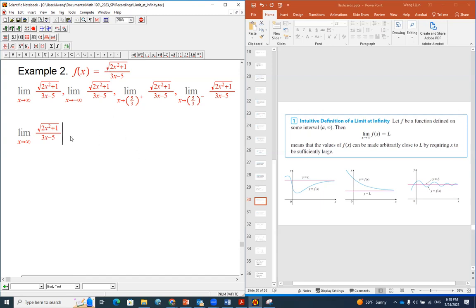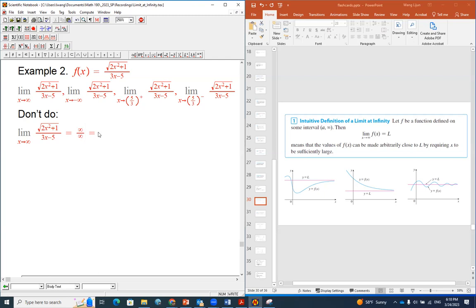So don't do this. If you claim that you have an infinity over infinity, infinity divided by infinity does not equal 1.